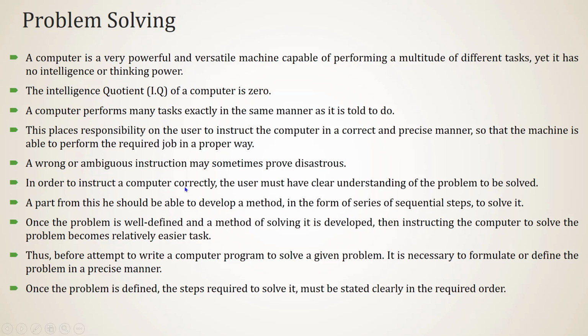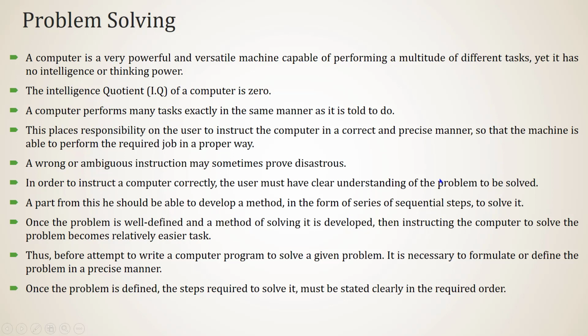In order to instruct a computer correctly, the user must have a clear understanding of the problem to be solved. Computer is used to solve problems, so first of all, the user must know how to solve that problem.